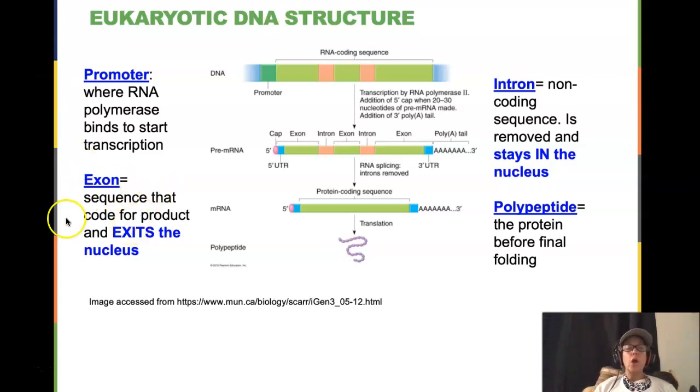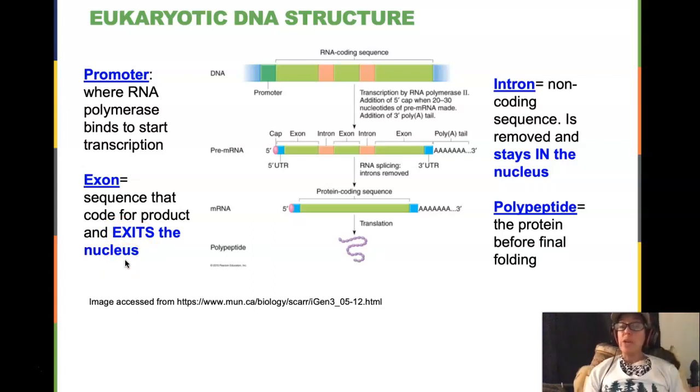So those coding sequences are called exons because once transcription is complete, the RNA gets processed and the exons get to exit the nucleus so that they can get to the ribosomes that are either free in the cytoplasm or are on the rough endoplasmic reticulum.